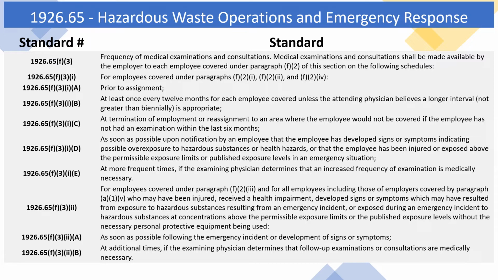1926.65(f)(3)(ii) For employees covered under paragraph (f)(2)(iii), and for all employees, including those of employers covered by paragraph (a)(1)(v), who may have been injured, received a health impairment, or developed signs or symptoms which may have resulted from exposure to hazardous substances resulting from an emergency incident, or exposed during an emergency incident to hazardous substances at concentrations above the permissible exposure limits or the published exposure levels without the necessary personal protective equipment being used: (A) As soon as possible following the emergency incident or development of signs or symptoms.